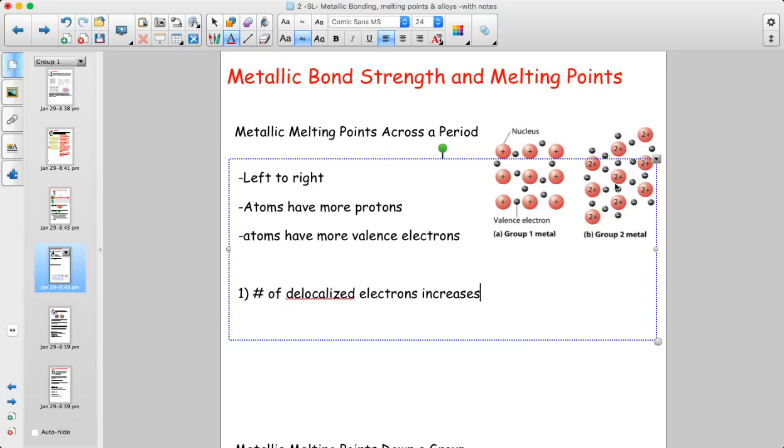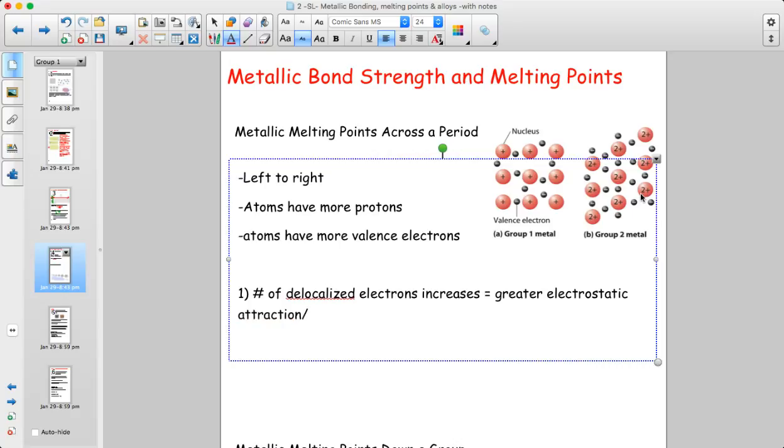There are more negative electrons in between all those positive ions, and that's going to help the positive ions hold on to each other. So the number of delocalized electrons increases, which equals greater electrostatic attraction, or you could also just say greater metallic bond strength. The more delocalized electrons there are, the greater the attraction between the positive ions and those electrons.